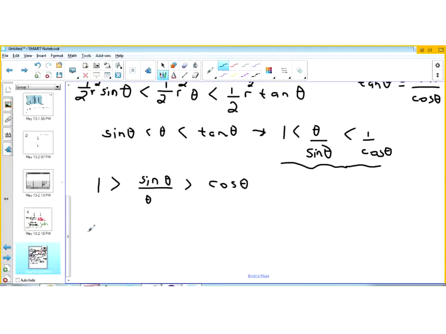Okay, so now what happens? All right, so what do I do next? Well, the next thing I'm going to do is take the limit as theta approaches 0 of the entire inequality.